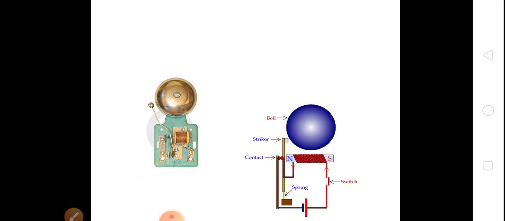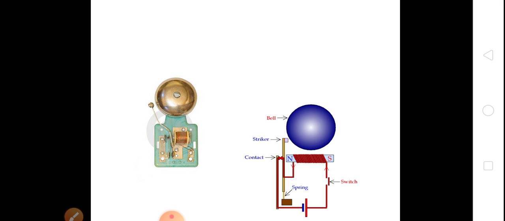Clear about this, children? Any confusion? If any confusion, you will discuss in live class. So in this chapter, children, we have discussed various things. I repeat once again. First, we have discussed the components of circuits and their symbols. Second, switch. Third, battery. Fourth, electric circuit. Fifth, conductor and insulator.